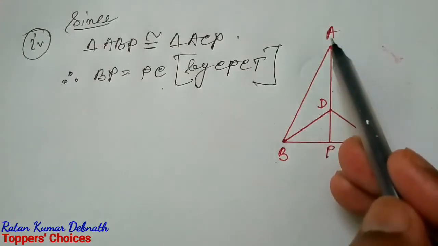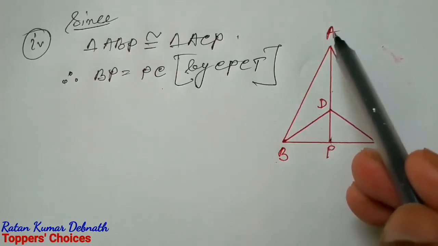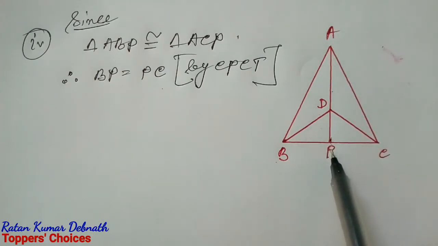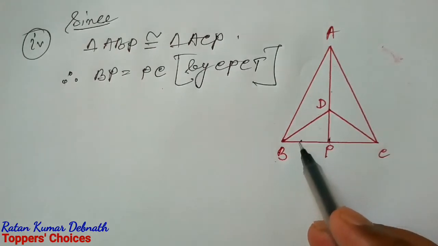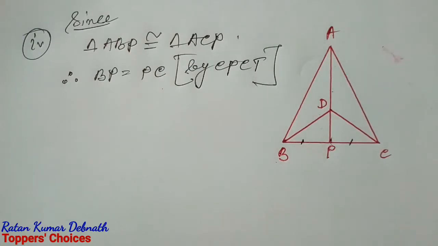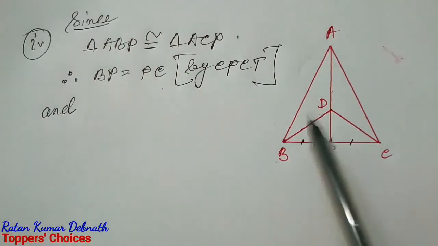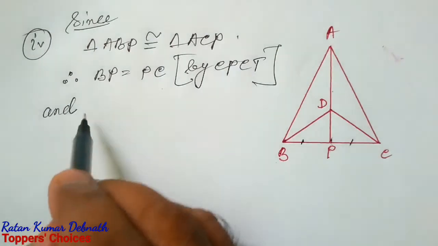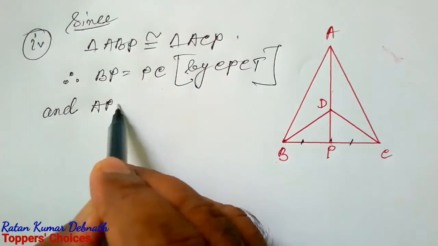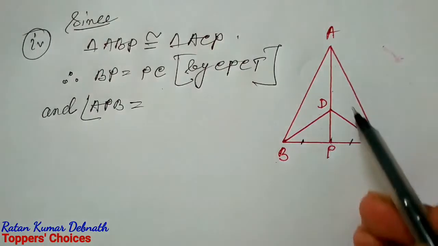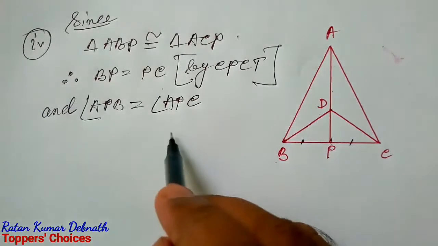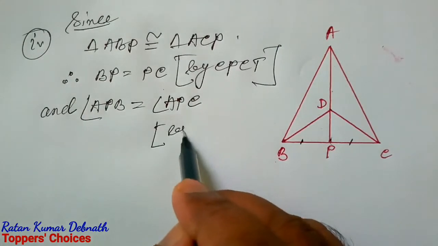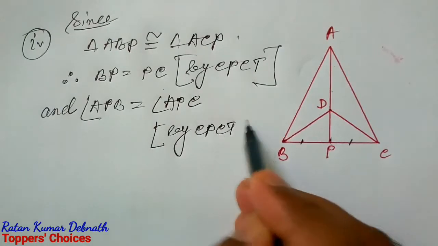If triangle ABP is congruent to triangle ACP, then BP must be equal to PC because they are the corresponding parts of congruent triangles. And also we can write angle APB equals angle APC. These are also corresponding parts of congruent triangles.